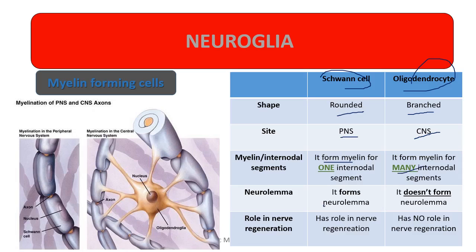Schwann cell forms a neurolemmal sheath. There is no neurolemmal sheath in the central nervous system; it plays a very important role in the regeneration of the peripheral nervous system. There is no regeneration in the central nervous system. Notice, this is an axon surrounded by the Schwann cell, and this is a second axon, which was myelinated by the oligodendrocyte.